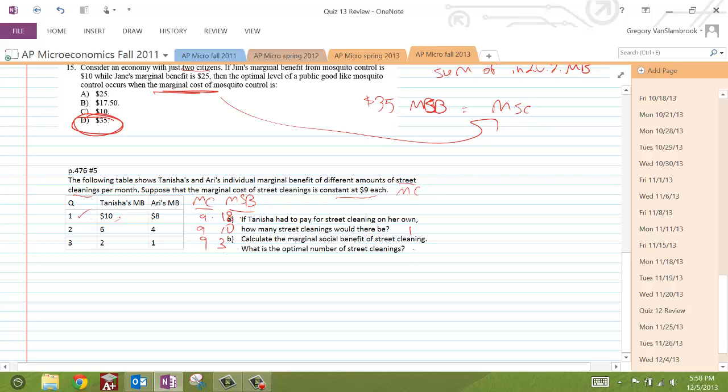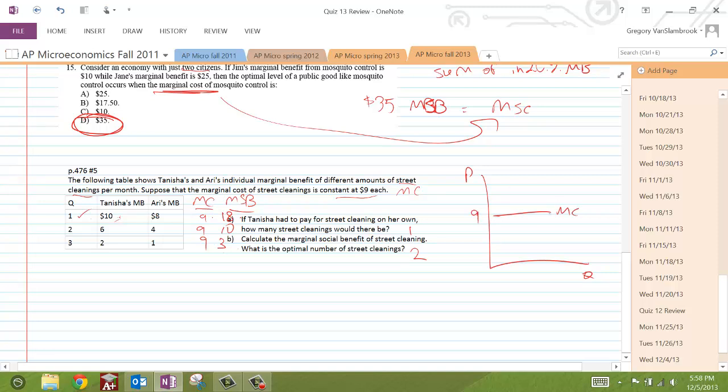So the optimal number of street cleanings is 2. Society is going to get $10 of benefit out of the second street cleaning and only have to pay $9 for it.